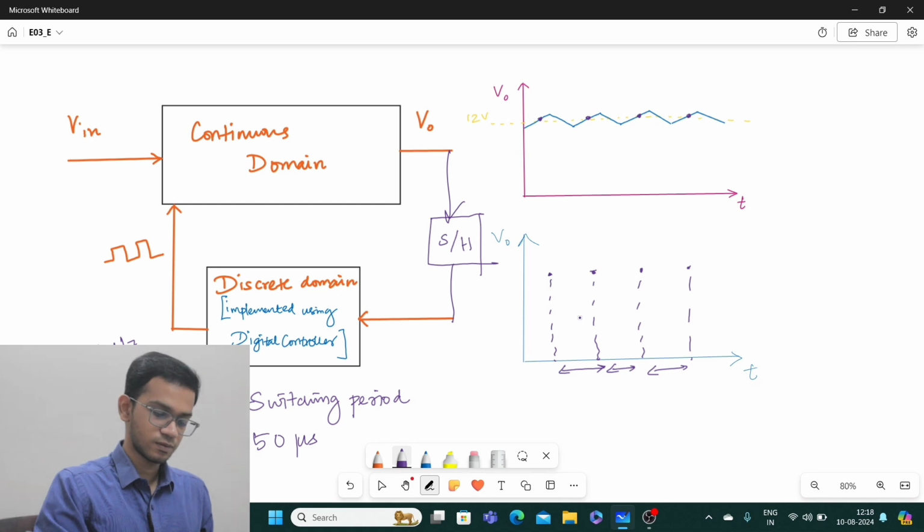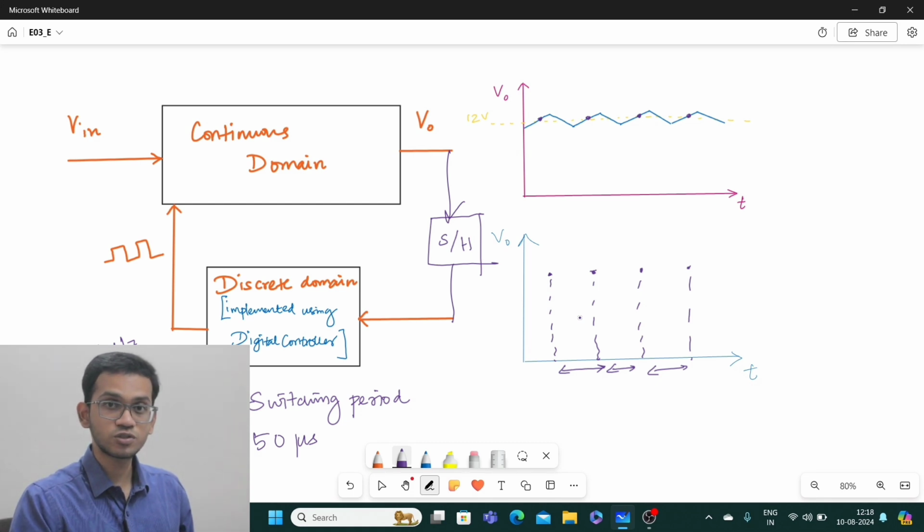Why do we do that? It's because when it comes to digital controllers, we have the flexibility to tune it easily. We have the flexibility to reprogram it. We have the flexibility to change any gain or any value as we wish whenever we want, because it's just a matter of changing a line or altering a line in a program. It's as simple as that.